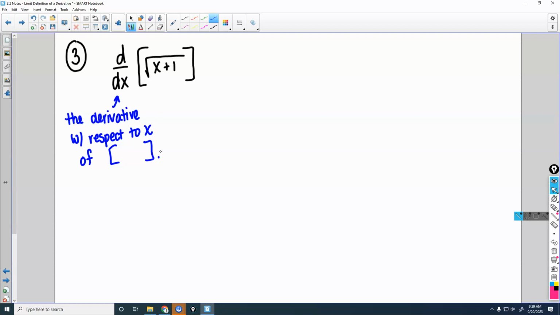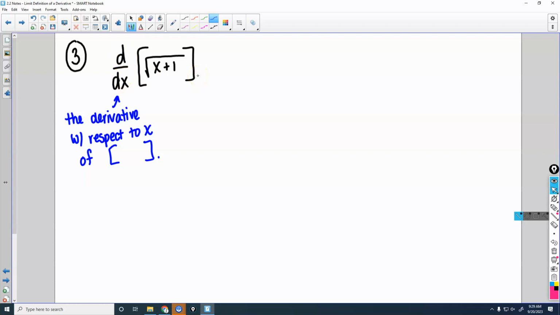The derivatives we have already done have also been with respect to x. It really is not going to matter that much that it's with respect to x until we get to related rates later. So for right now, you don't have to think too much about that. Just know it's asking you to take the derivative of this.